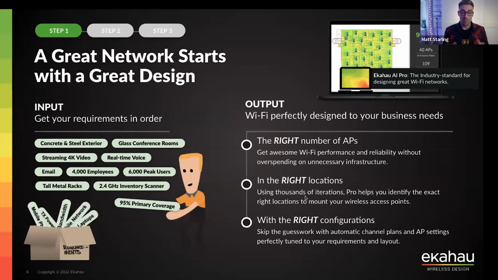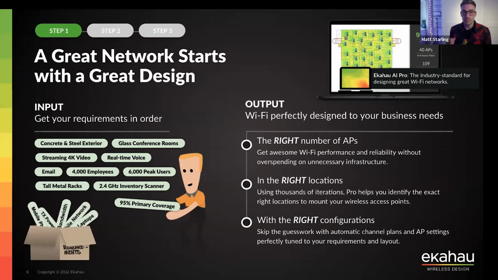So the first step in our 3 steps to great Wi-Fi every day still remains the same: a great network starts with a great design. And how do you get to a great design? By gathering your requirements. So just like Max said, if you're designing for 6 gigahertz, then we still need to understand what is the environment we're designing for?